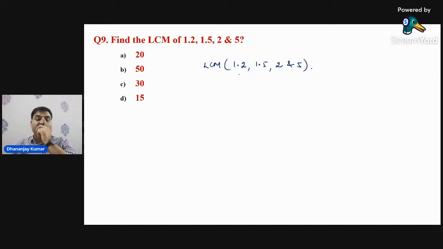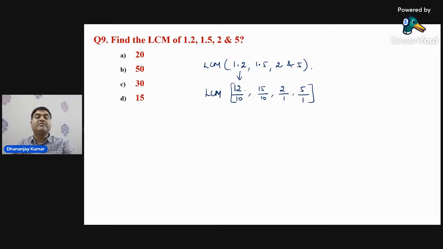First of all, it has to be changed to fractions. We can write 1.2 as 12 by 10, we can write 2 as 2 by 1, and 5 as 5 by 1. This is another question on fractions.